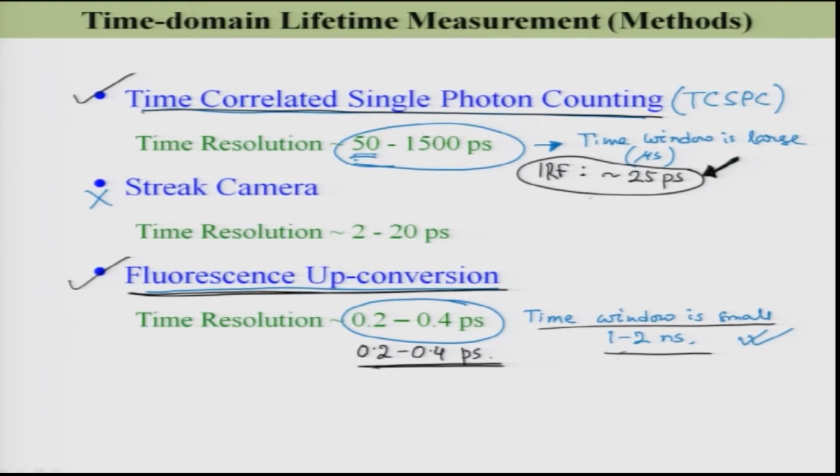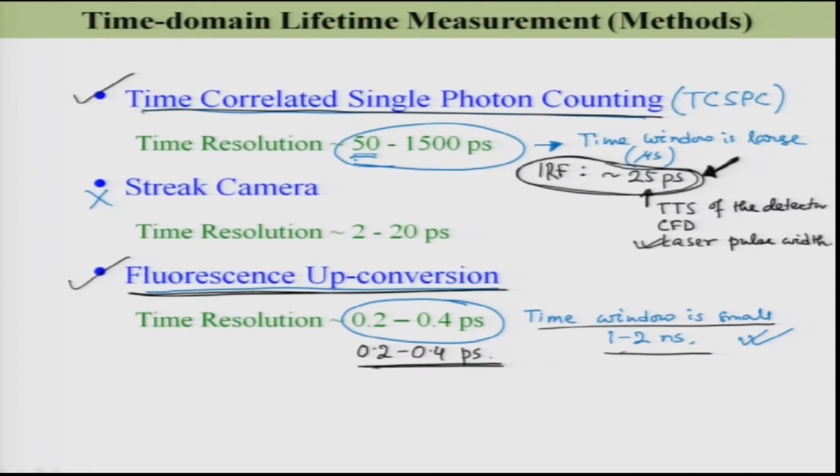As I have already discussed, why is this IRF limited to 25 picosecond? The reason behind it is the transit time spread of the detector. Another reason is the inherent CFD, the form of the CFD, and the third one is the laser pulse width.